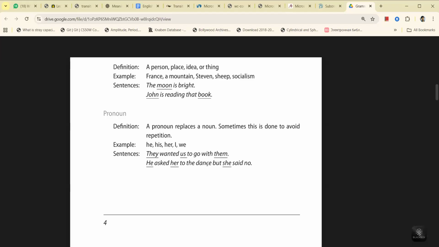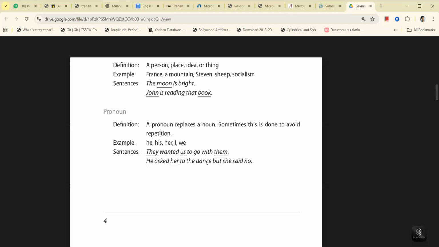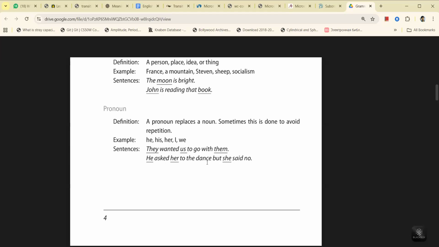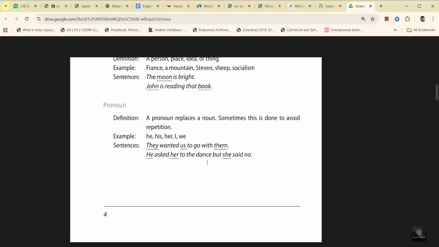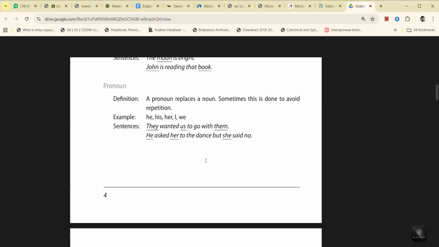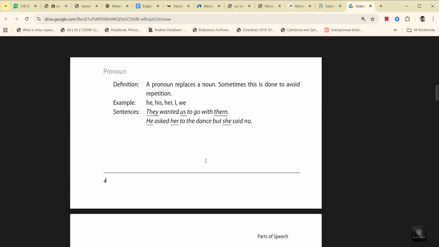Sometimes this is done to avoid repetition. So a pronoun is used for a noun and helps to prevent repetition. Examples: he, his, her, I, we. Sentences: They wanted us to go with them. He asked her to the dance, but she said no.